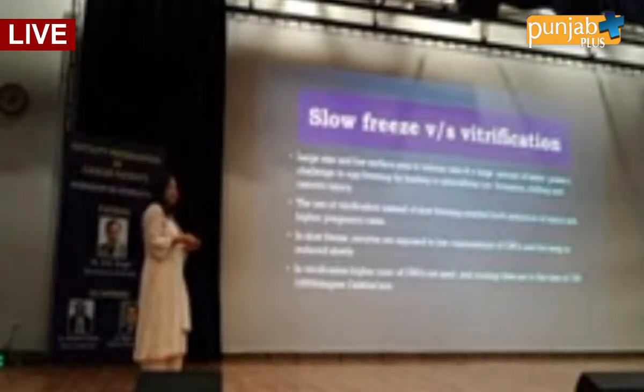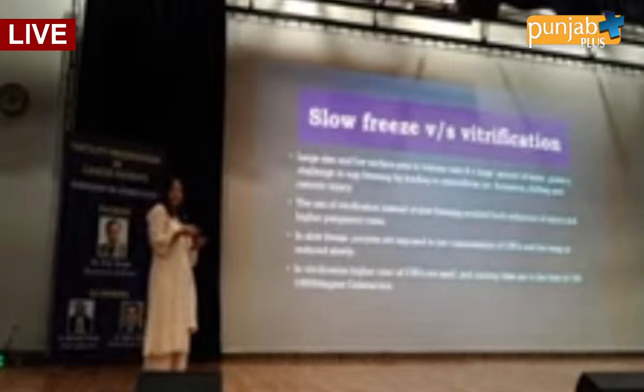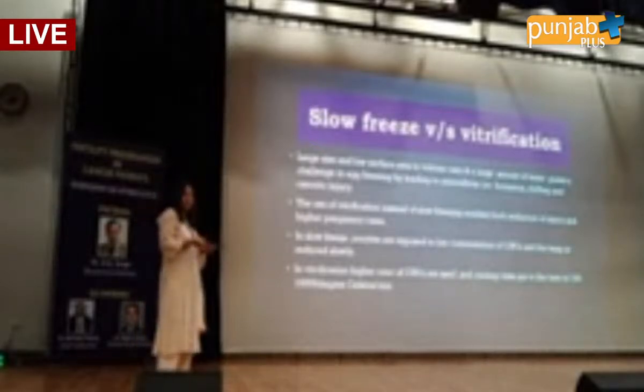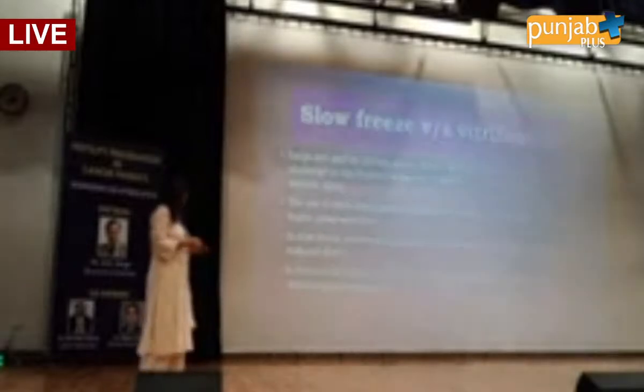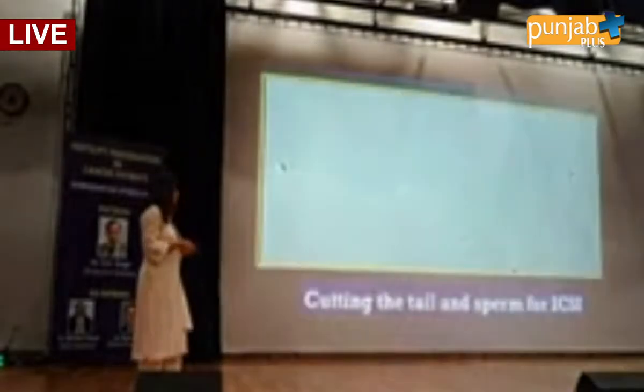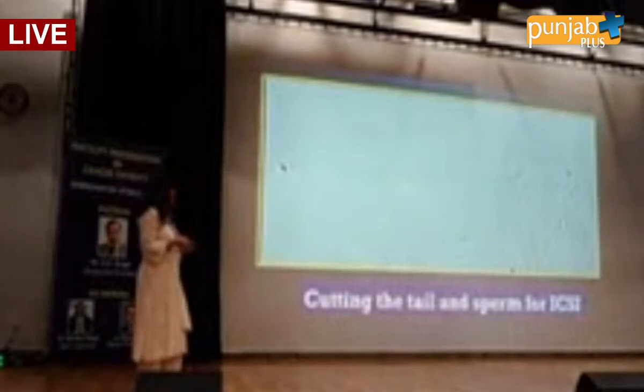Vitrification is definitely a better technology, and 100% of the freezing done globally now, embryo and oocyte freezing, uses vitrification. Slow freeze is now outdated for gametes. So we've already seen this.